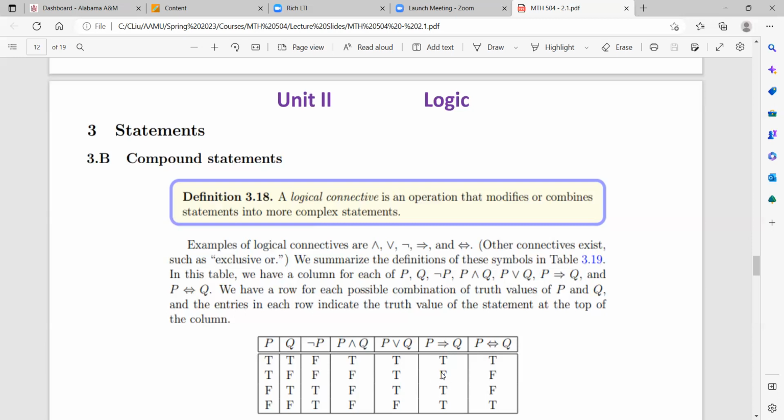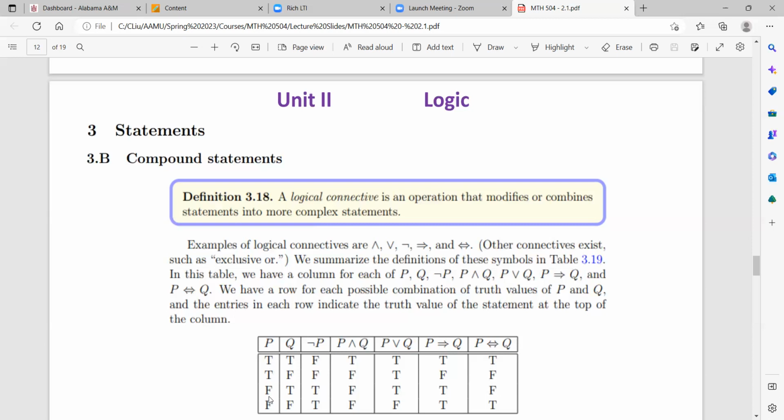I mean, that's false, I'm sorry. That's exactly the only case when the implication or conditional statement is false: P true, Q false. And P if and only if Q is also false because P and Q have different truth values.